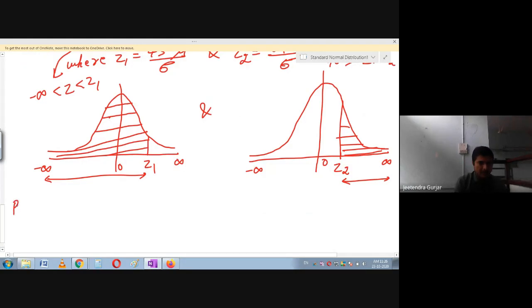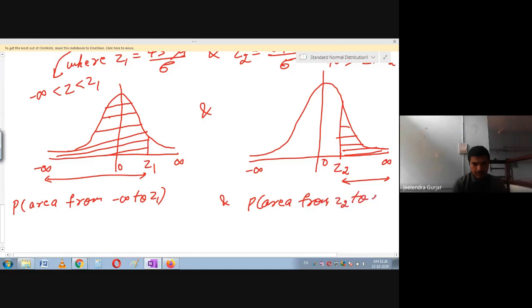So both the sides I'm solving one by one. Now I'm not writing all the areas. You just see the probability: the area we're going to calculate from minus infinity to z1, and similarly here, from z2 to infinity.